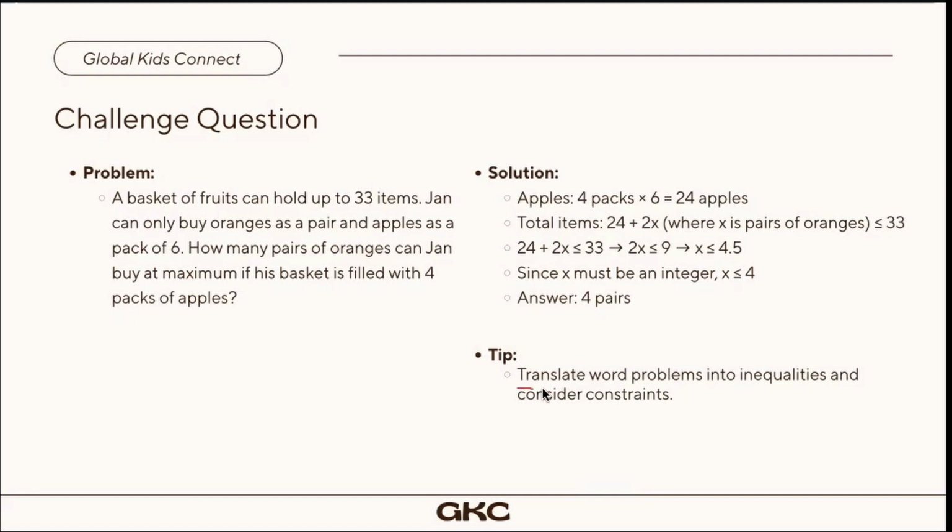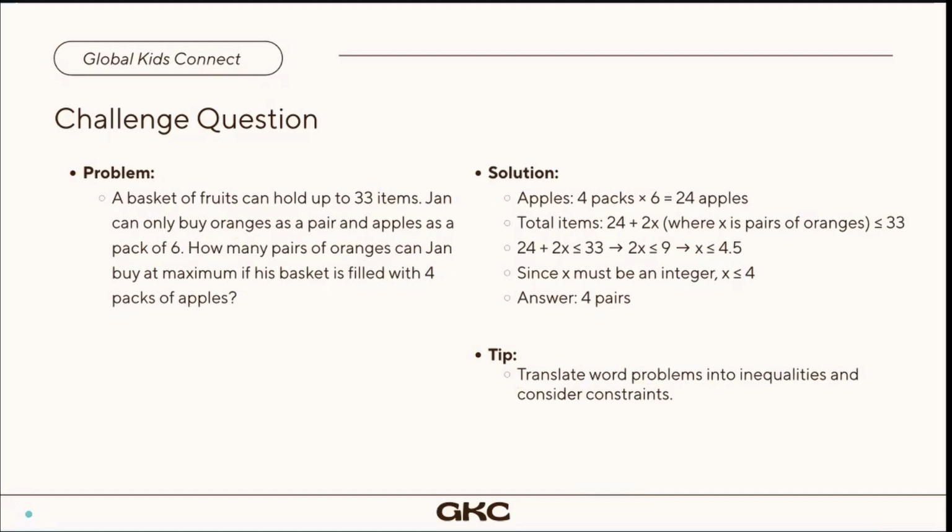And so always translate word problems into inequalities or into any mathematical expression when possible. And also consider constraints. So this means any rules stated within the question, such as Jan being able to only buy oranges as a pair and apples as a pack of 6. So make sure to keep those in mind when solving such questions.